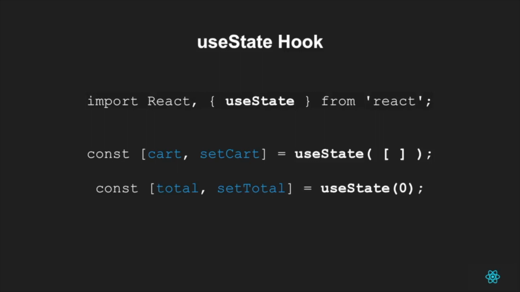The first one is for my state variable cart for my total items, and also a state variable total for my total price. The total price has an initial value of 0, of course, and the cart items is an empty array. On the right-hand side, you define the initial value in the argument.